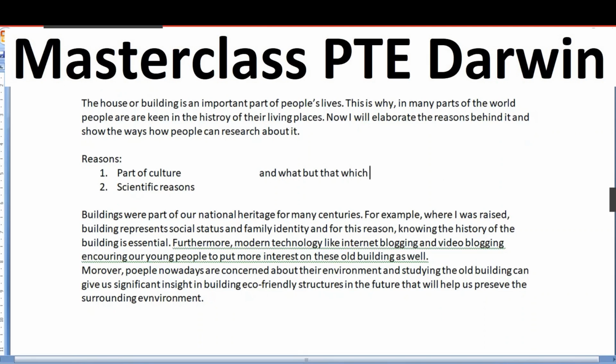Okay, so try to connect your sentence with these things. Okay, and automatically your sentence will become big. So you see here, people nowadays are concerned about their environment, and so we're adding in a connector, which can give us significant insight in building eco-friendly structures in the future. That again, we're using that.